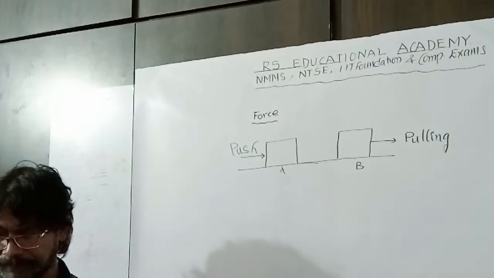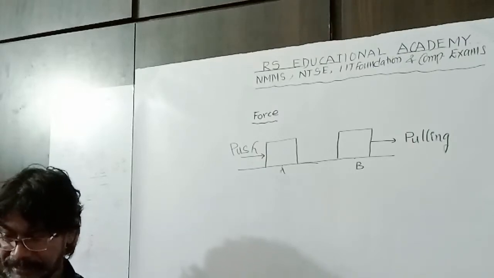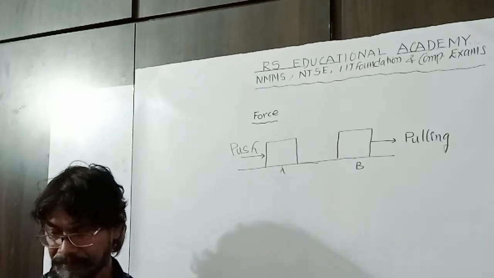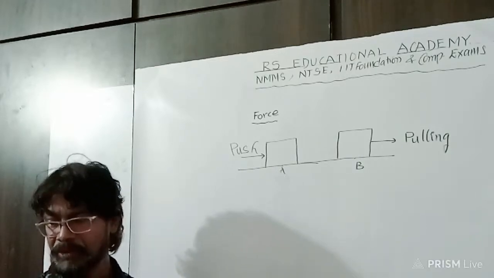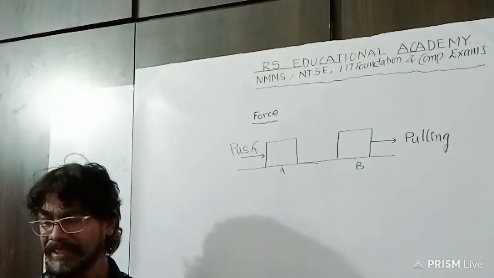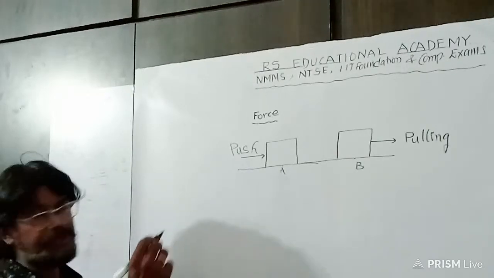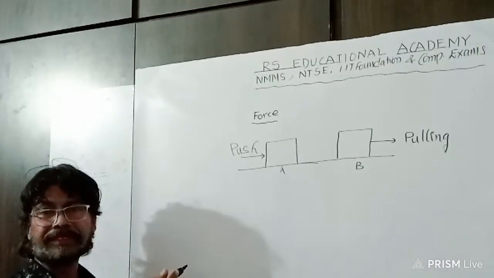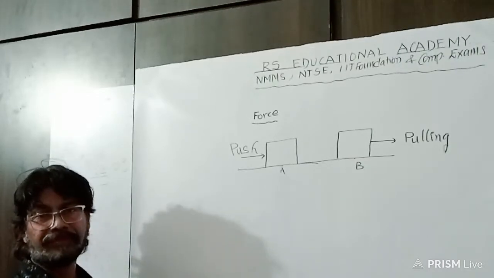Generally we say like that. So force changes the position of an object. Understand? Force changes the position of an object. So the push or pull on an object is called force.